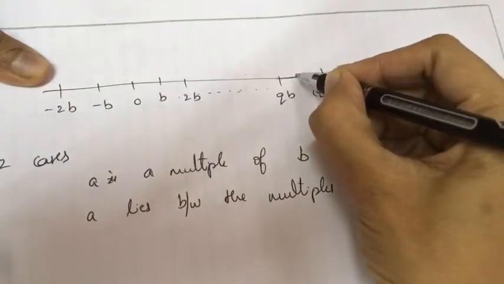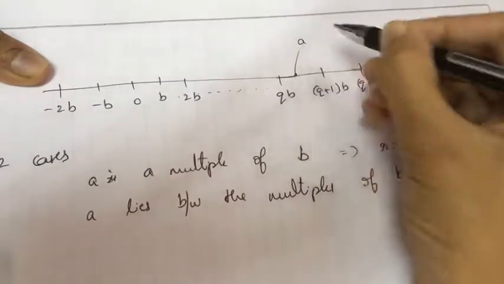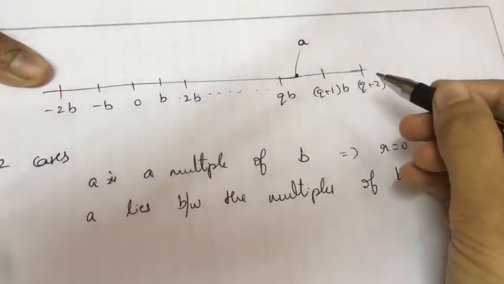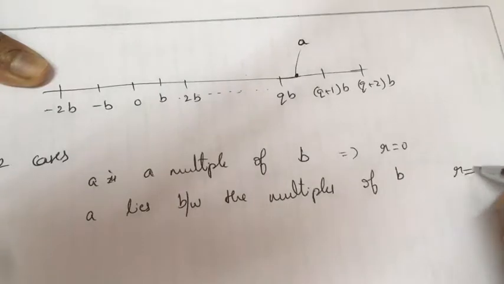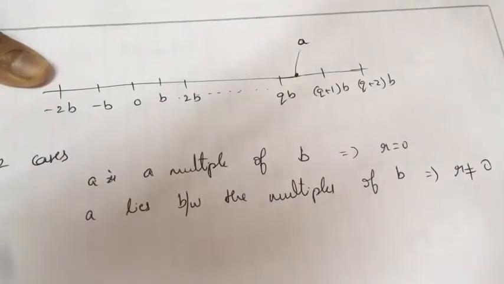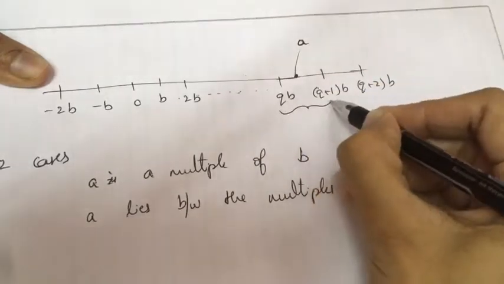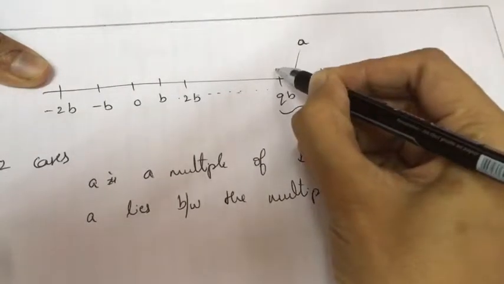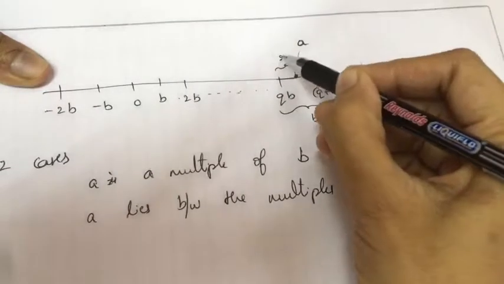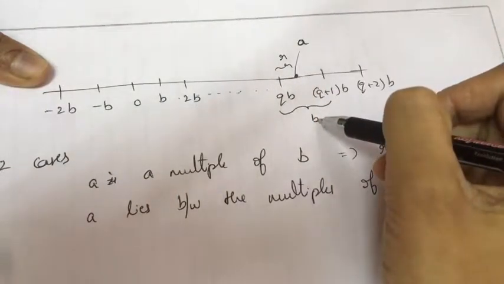In that case, the remainder is not equal to 0. You can observe that this distance is b and this distance is nothing but r, and this r is less than b.